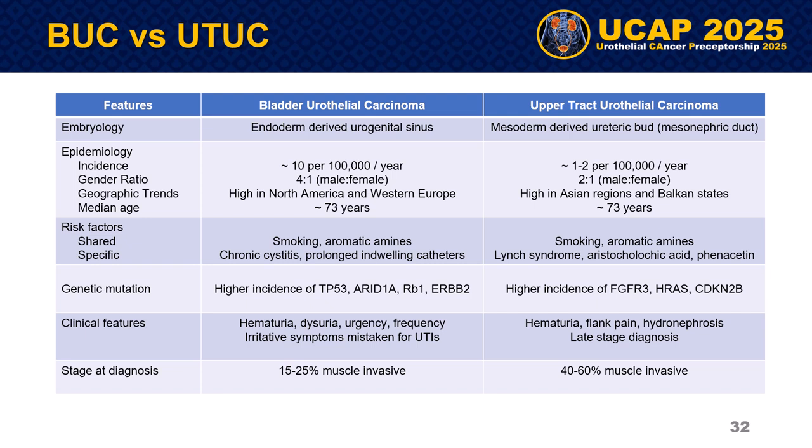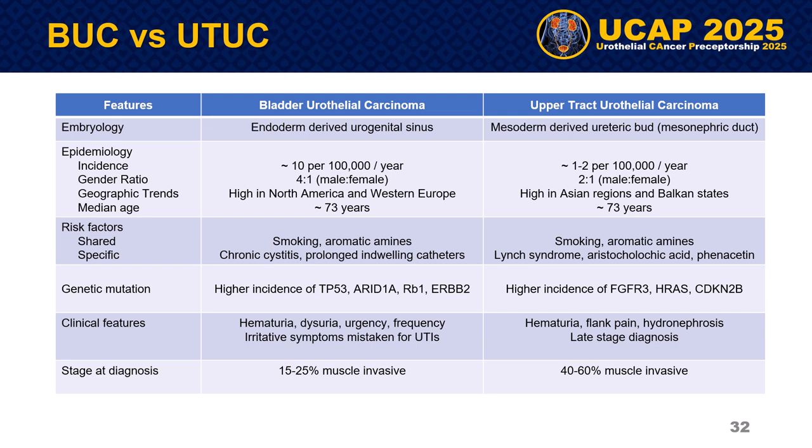Bladder urothelial carcinoma is also significantly more common, with an incidence of approximately 10 per 100,000 against the upper tract urothelial carcinoma, which only occurs in 1 to 2 patients per 100,000 per year. Both conditions predominantly affect older adults around the age of 73 and have a stronger male predominance.